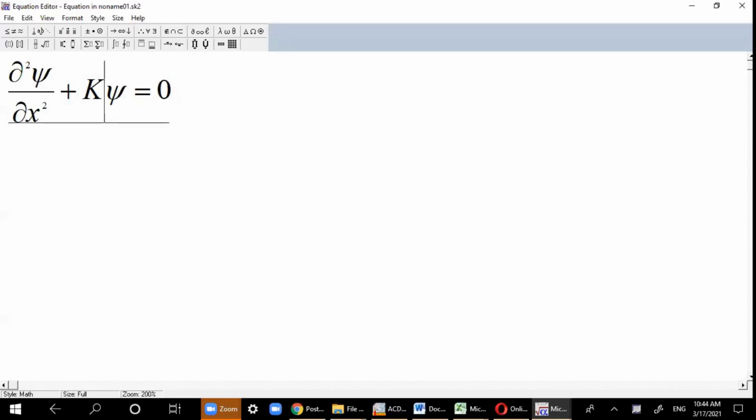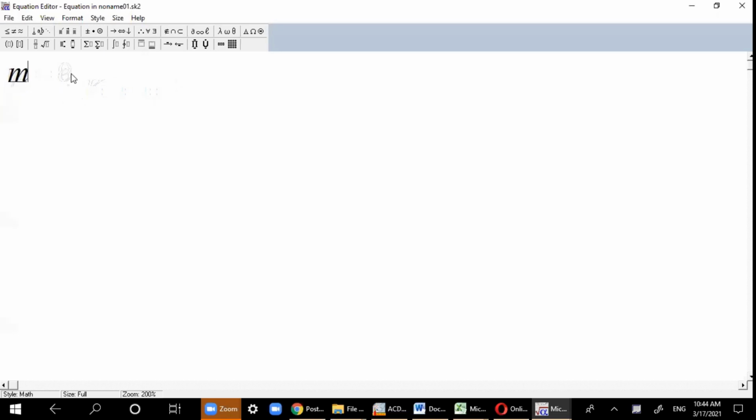Just as ax square plus bx plus c has a standard solution, the equation 5 also has a standard solution.